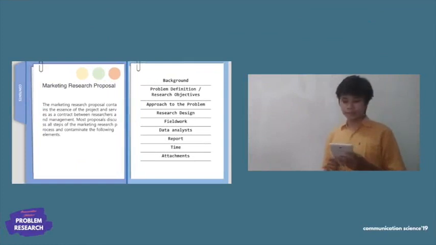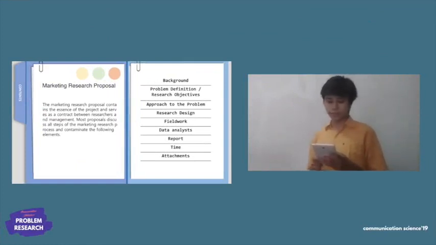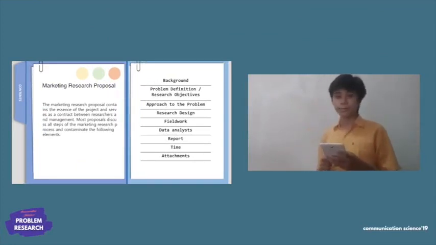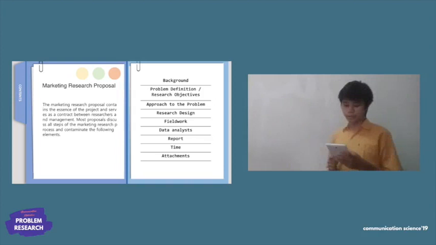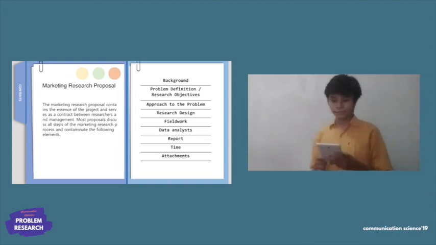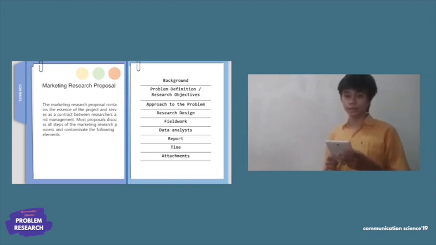The marketing research proposal contains the essence of the project and serves as a contract between researchers and management. Most proposals discuss all steps of the marketing research process and contain the following elements. First is executive summary.